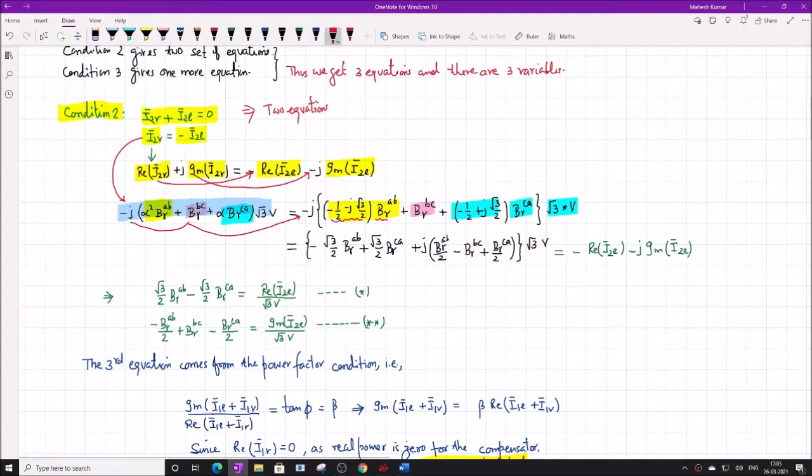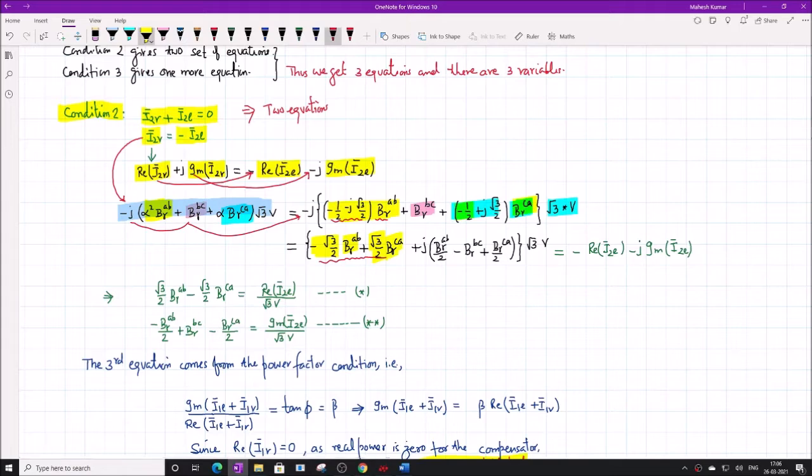these terms. This is the first one, real part, because minus j and minus j become j square, and j square is minus 1. So minus root 3 by 2 has come here, b gamma ab, and b gamma ca is from this real part, minus half into b gamma, and j is here, so j square minus j square plus j, so plus root 3 by 2 into b gamma ca.